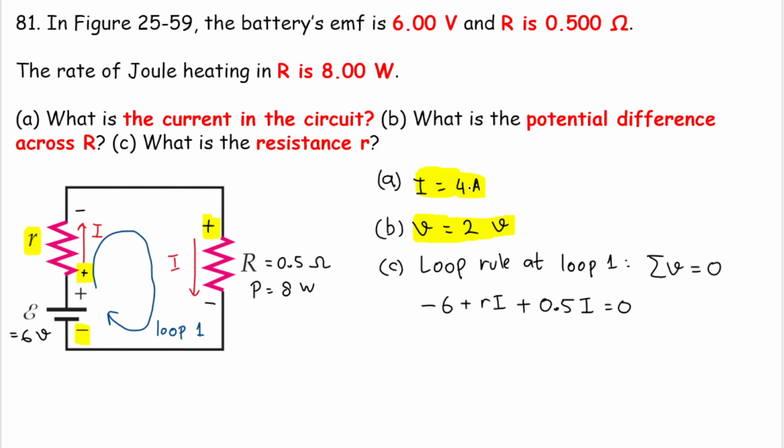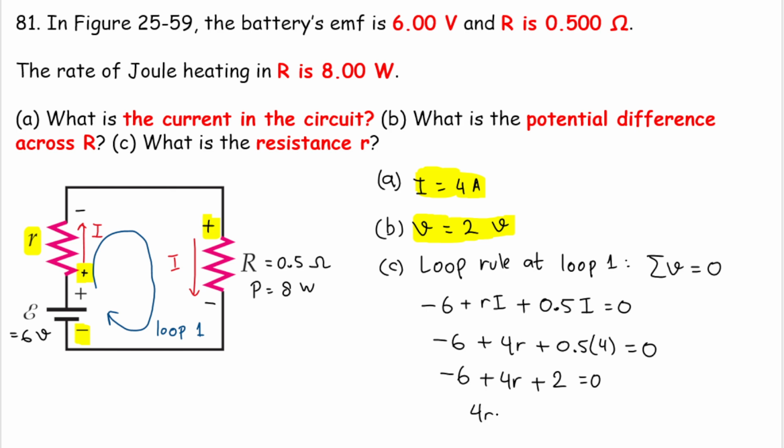Now we can just plug in I is equal to 4. So we have minus 6 plus 4R, and then plus 0.5 multiplied by 4, all equal to 0. So minus 6 plus 4R plus 2 is equal to 0.